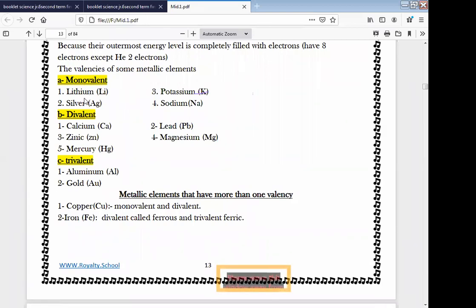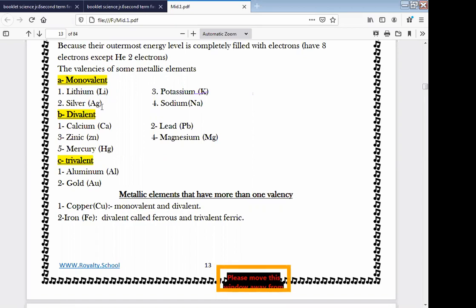You should study this well to know the name of the element and its valency. Lithium, potassium, silver, sodium: all of these are monovalent. Miss, I will do an electronic configuration, then from it I will understand if it is mono, di, or tri. You can do an electronic configuration if you know the atomic number. But what is the atomic number of silver?